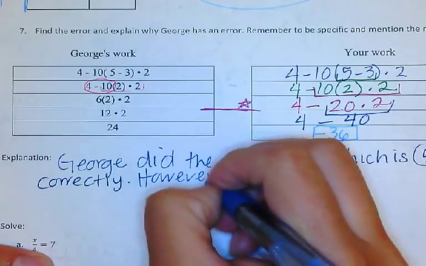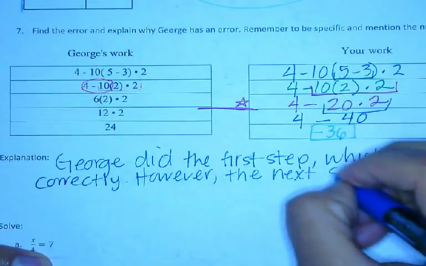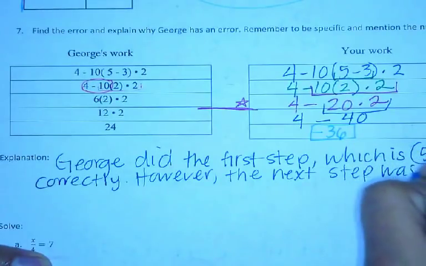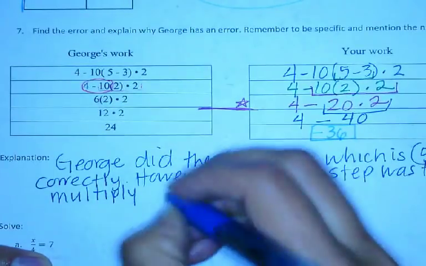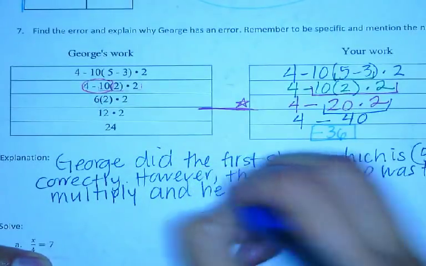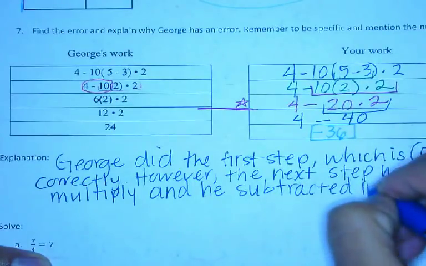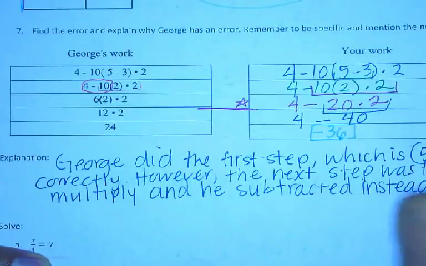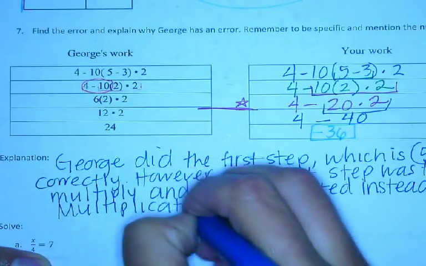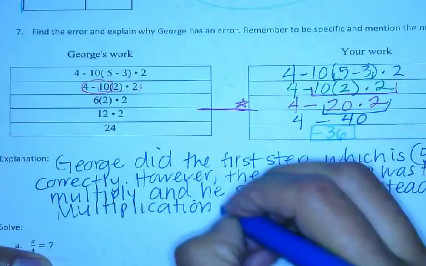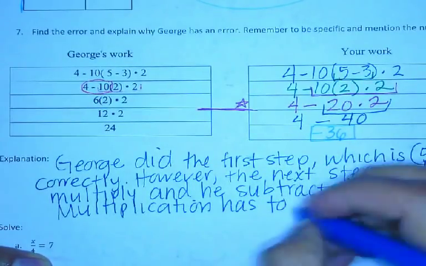However, the next step was to multiply. And he subtracted instead. You could say multiplication has to be done before subtraction.